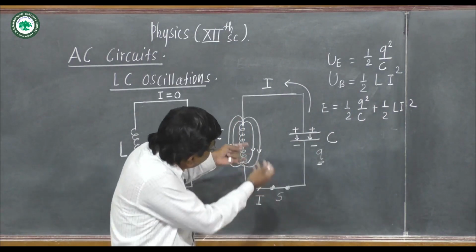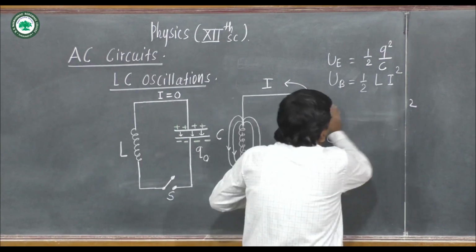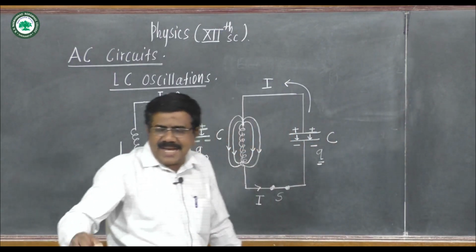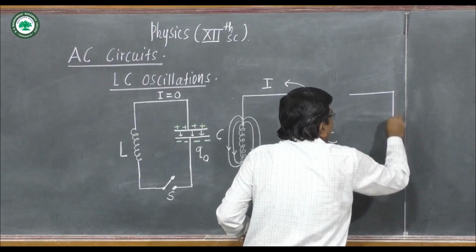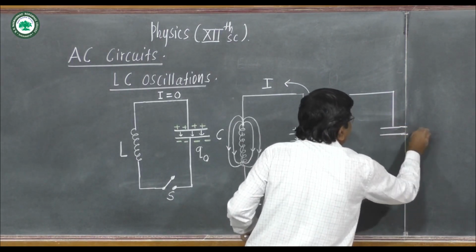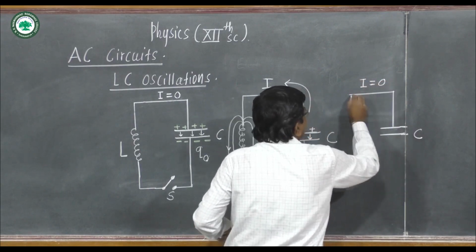But as the capacitor goes on discharging, and in the latter case, when it is completely discharged, see the diagram, it means there is no charge on this capacitor, no current.